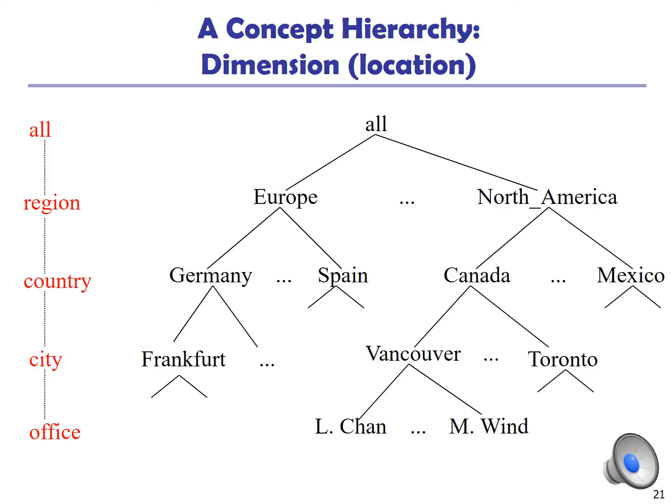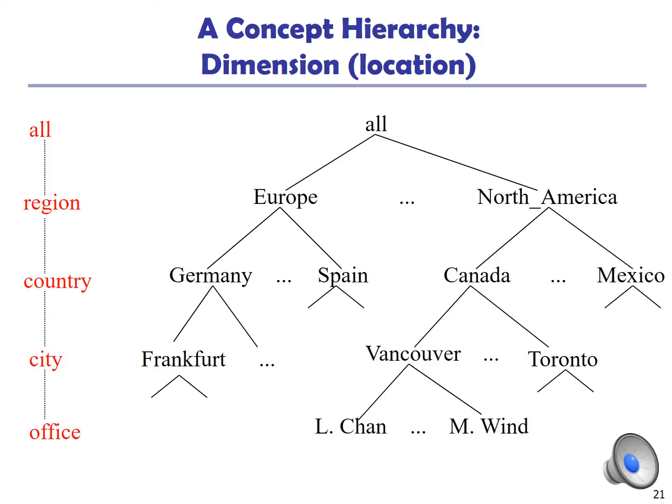Let's consider a concept hierarchy for a dimension called location, right? In here, look at the city values for the dimension location. We have Frankfurt, Vancouver, Toronto, right?